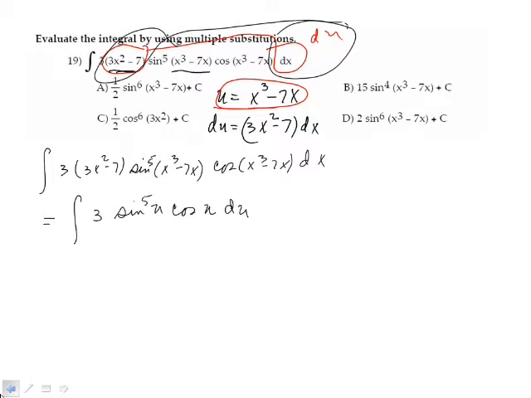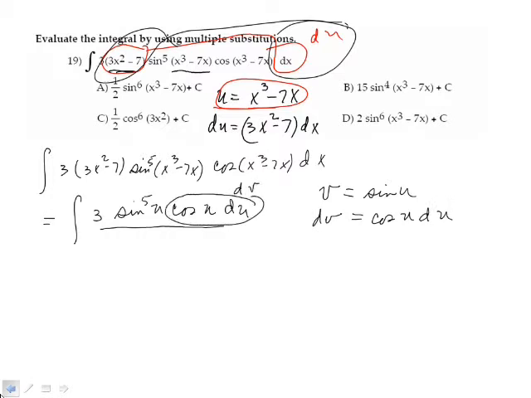So now we're faced with another substitution. We've got a sine to the fifth u cosine of u. So let's let v, another variable, equal sine of u. So dv equals cosine of u du. So cosine of u du is going to be dv, and v is going to be sine u, so this is going to end up being v to the fifth.